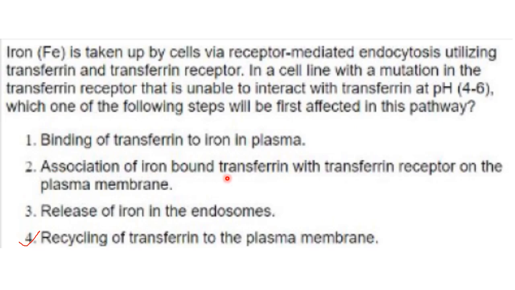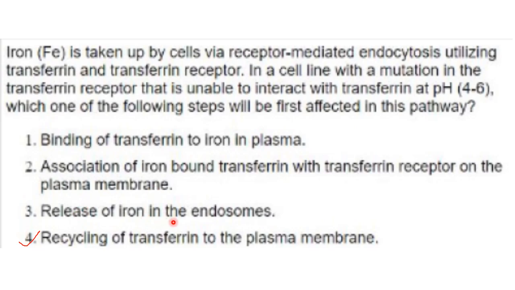Association of iron bound transferrin with transferrin receptor on the plasma membrane. That is also taking place outside of the cell. pH is 7. So mutation is not going to affect there.